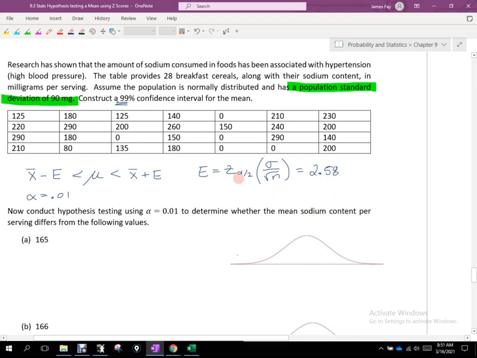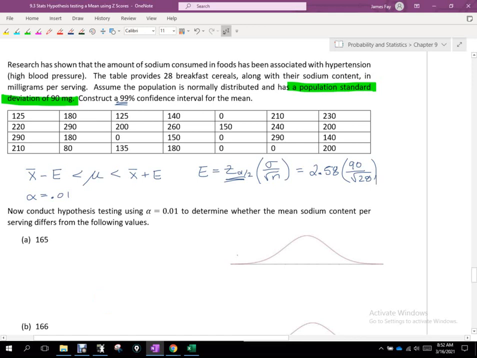Now, because this E is going to be placed in here as minus E, and then over here it's going to be plus E, this z is going to be that positive 2.58. If I don't make it positive 2.58, my interval will be backwards. Just be careful with that. Population standard deviation we said was 90. And then the square root of the 28 breakfast cereals.